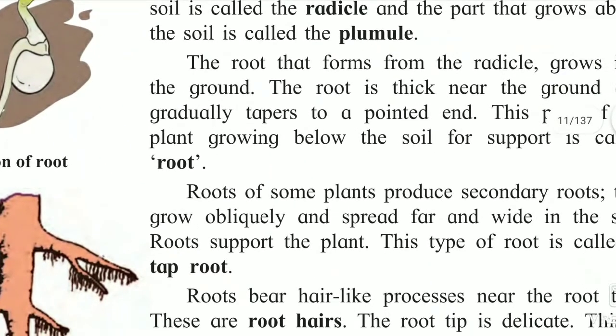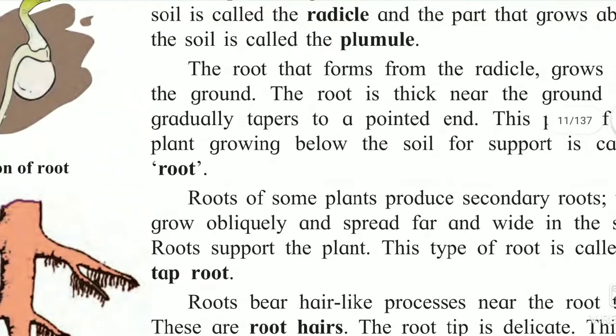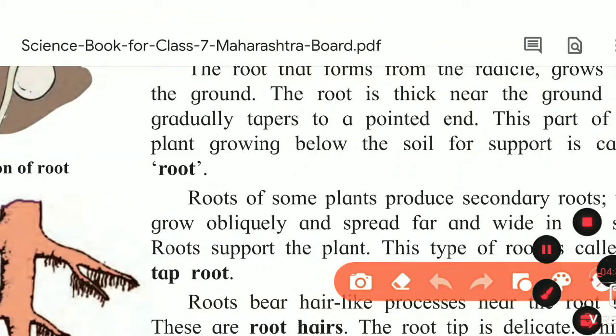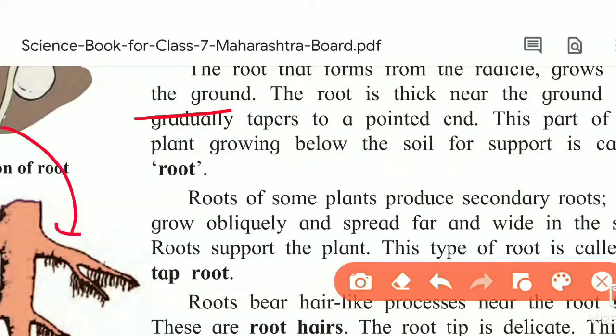The root is formed from the radicle and grows into the ground. The root is thick near the ground and gradually tapers and is pointed.